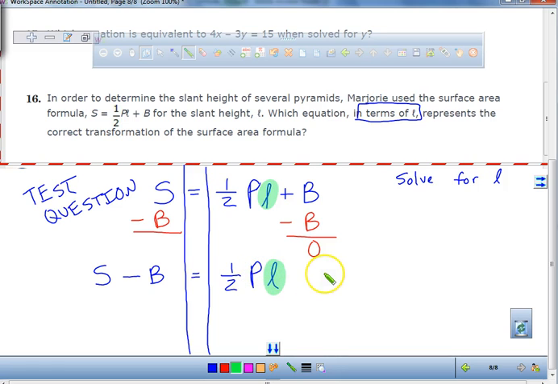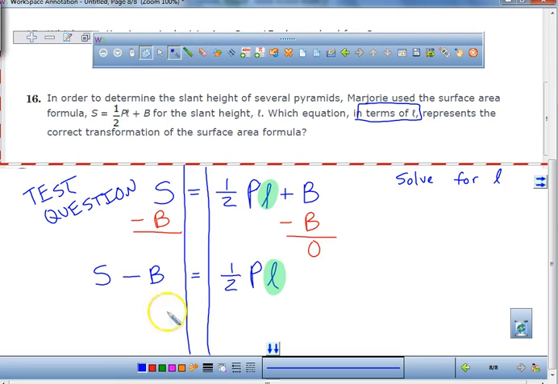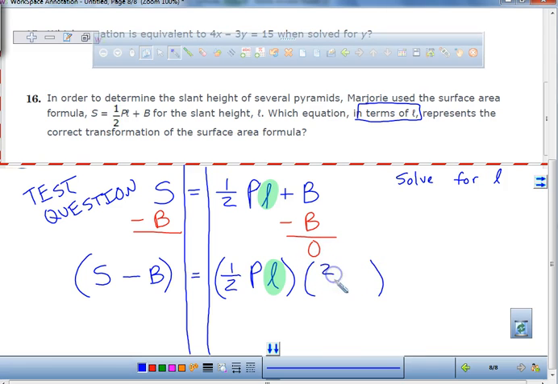Okay. Now, what was the word of the day? Multiplicative inverse. Does anybody know the multiplicative inverse of a half? 2 over 1. So one thing you could do is take both sides right here and multiply them by 2 over 1. So you could do that to start out, okay? Can you guys do that?